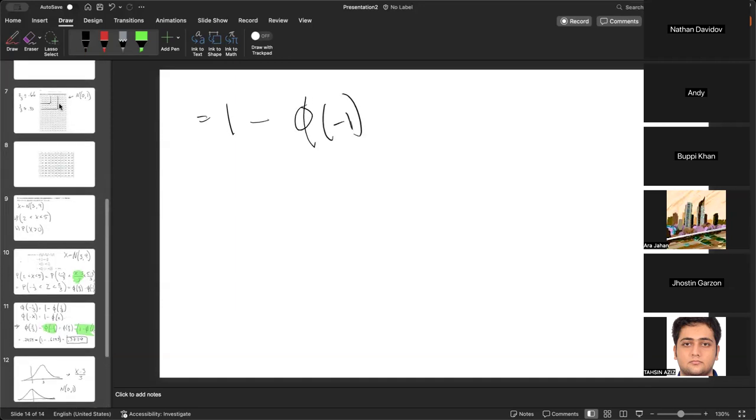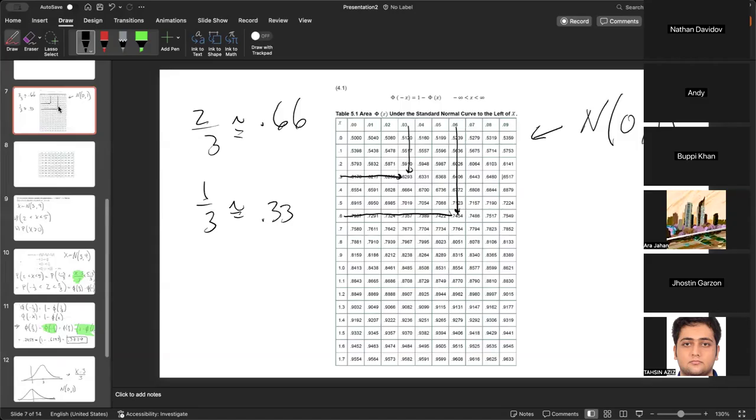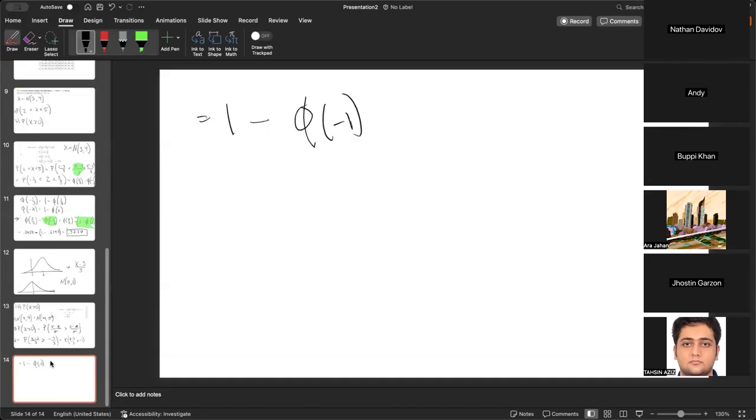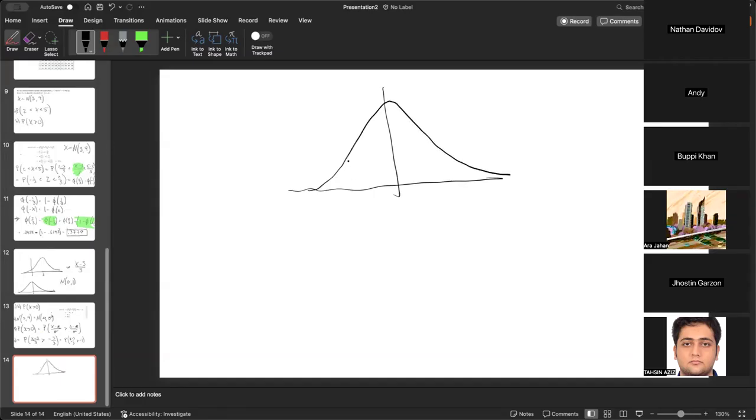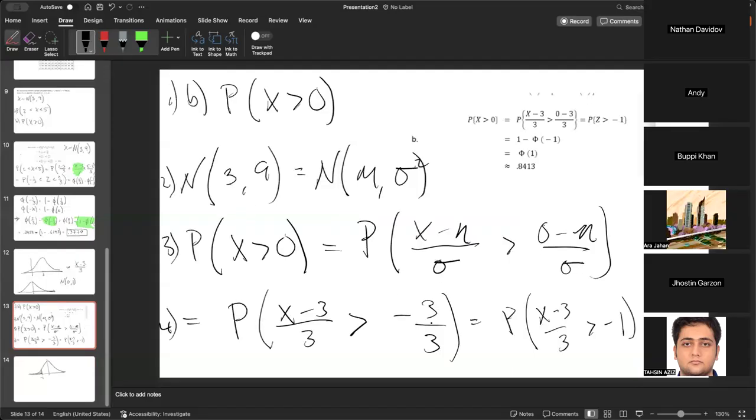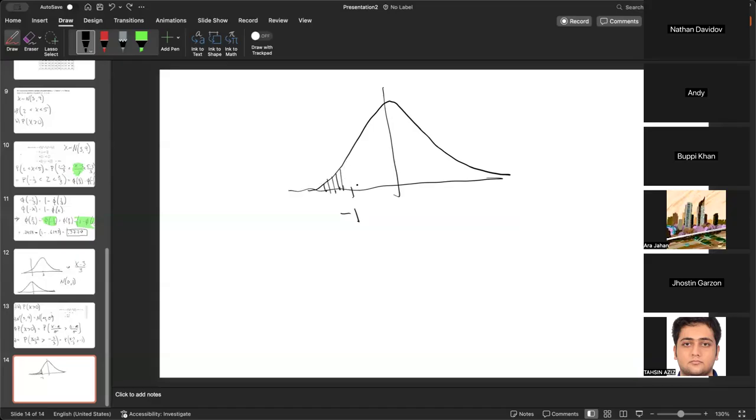So let's look up here. Actually, let me draw the picture. I want to find the area under this curve, up to this point. Sorry, I meant this.